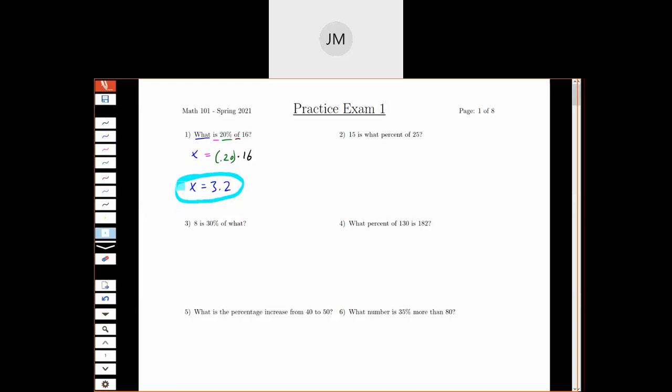So I get 3.2. No problem. The next one, 15 means equals what percent, so I put my variable, percent of means multiply, and 25. Here I need to do a step of work. I can't just multiply directly, I have to divide.